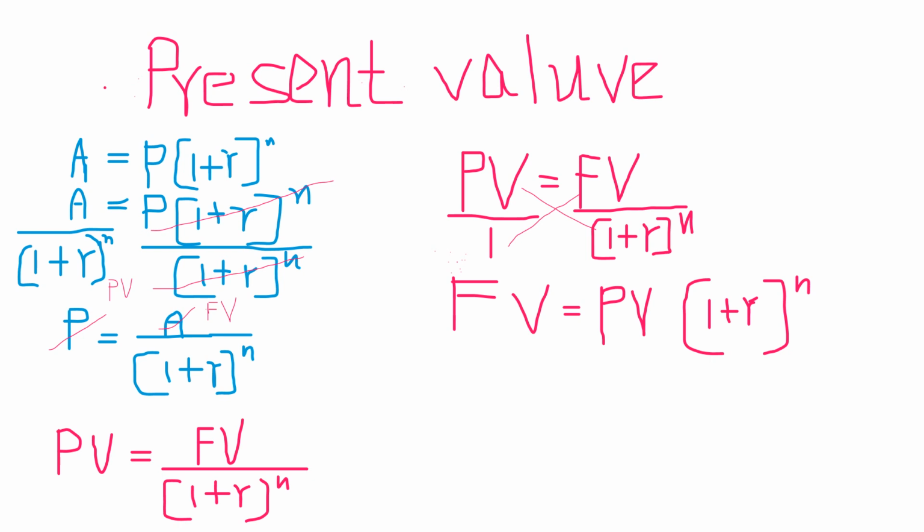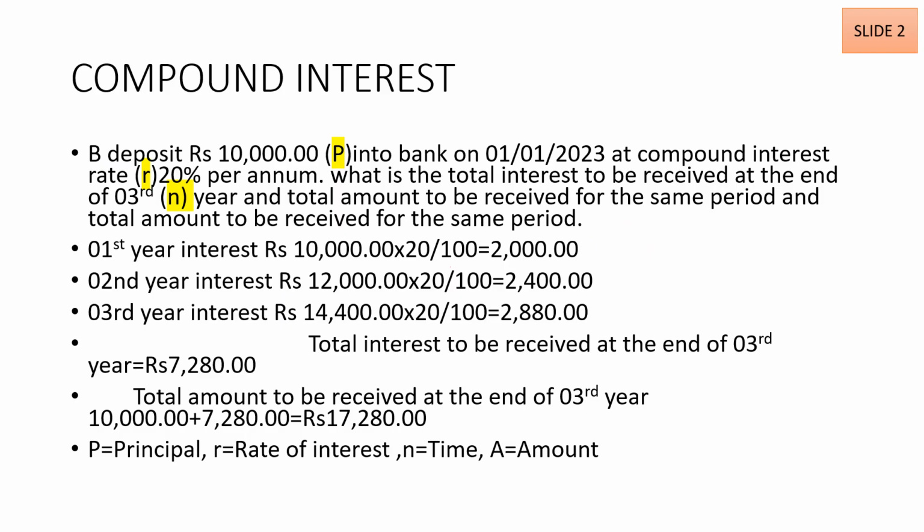We can express that as FV equals PV into, within brackets, 1 plus R into the power n. So here again we have expressed the same formula in terms of FV, where FV represents future value. Let's go to the next slide.